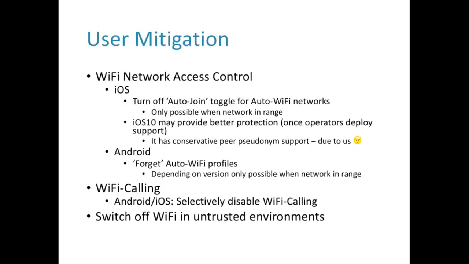Well, with iOS, if you're near one of these automatic Wi-Fi networks, you can tap on the little info icon and say don't auto-join. And then, as I mentioned, the conservative peer in iOS. On Android, you can forget the settings there, and for auto Wi-Fi similarly. You can selectively turn off Wi-Fi calling on the phone as well. And in untrusted environments, probably not a bad idea to turn off Wi-Fi.